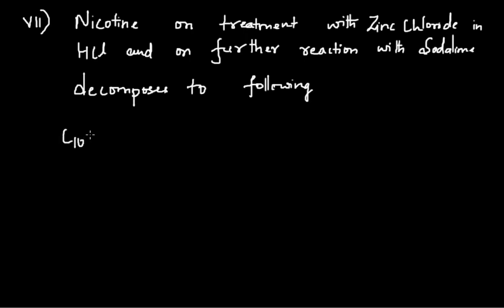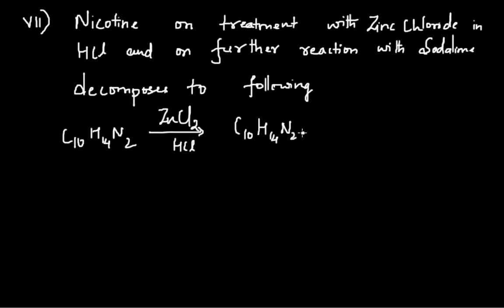So C10H14N2 with ZnCl2 and HCl forms an adduct, an addition product, ZnCl2 plus 2HCl and H2O.